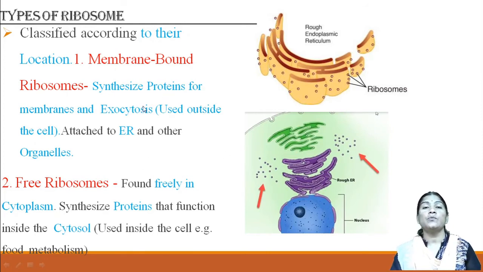Both these ribosomes synthesize proteins, but membrane bound ribosomes synthesize the proteins for the membrane and exocytosis. Means they are used outside the cell. Free ribosomes synthesize proteins but they function inside the cytosol. Means they are used inside the cell, for example metabolism of food particles.